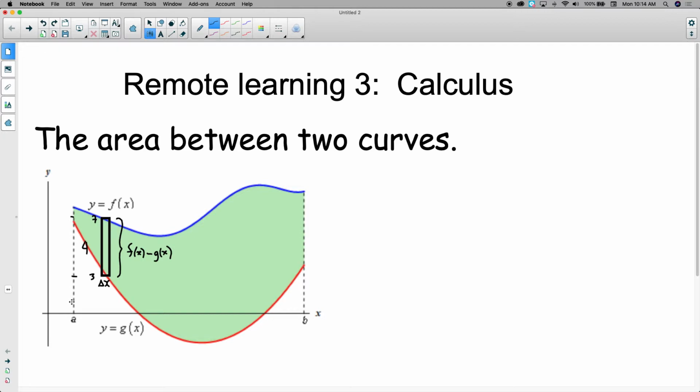Now that's all fine and good when both f and g are above the x-axis. So it can be a bit of a mind bend to think about this scenario over here where we're looking at the same width, which I'll call delta x.